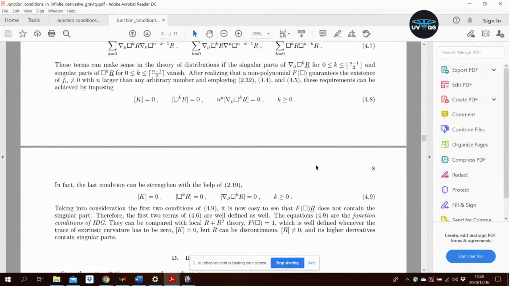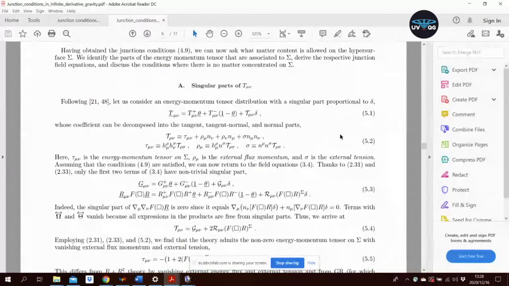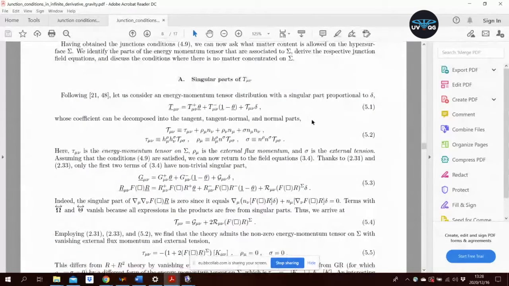But now the interesting stuff: how is this affecting the physics of our space-time? This part of the junction conditions that I spoke about at the beginning: how are your field equations affected? What kind of energy and matter can you have with these junction conditions? Via the field equations, you can study how your energy momentum is going to behave.